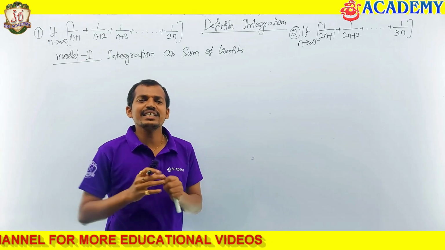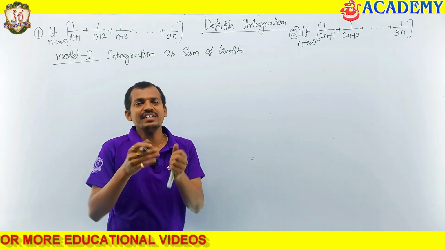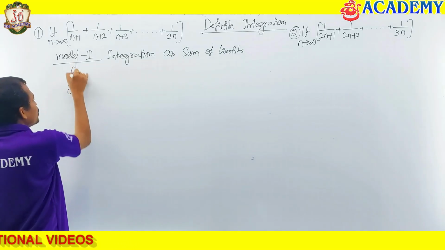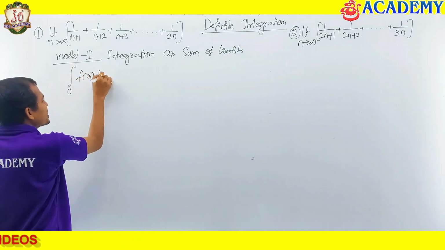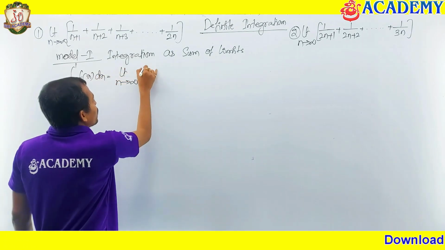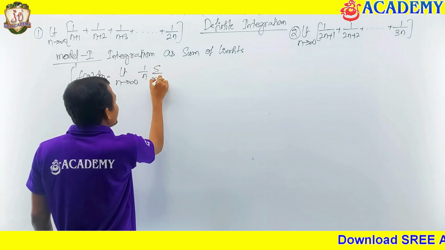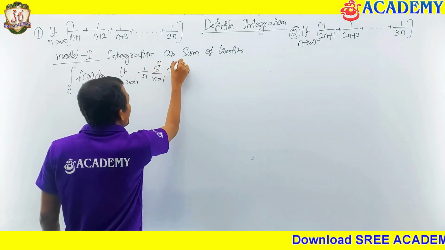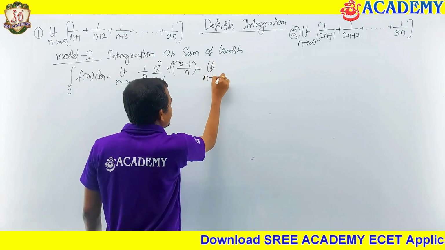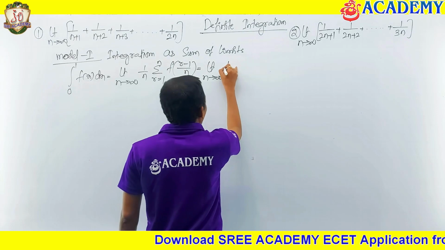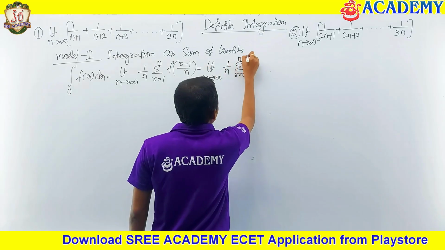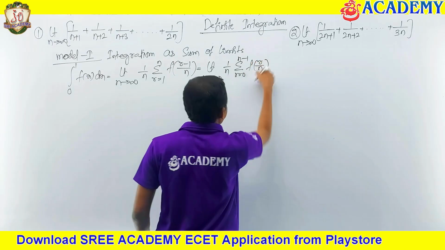Actually, integration is nothing but a summation that we are converting here. We have a formula: the integral from 0 to 1 of f of x dx equals the limit as n tends to infinity of 1 by n sigma r equal to 1 to n f of r by n, and we can write this as the limit as n tends to infinity of 1 by n sigma r equal to 0 to n minus 1 f of r by n.